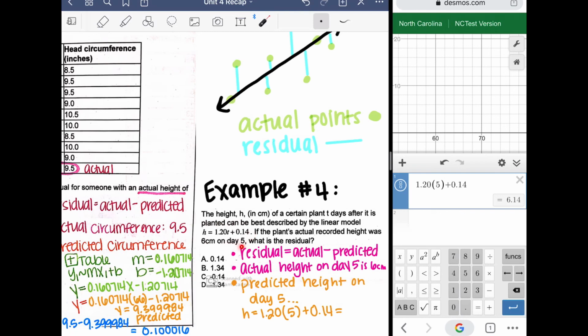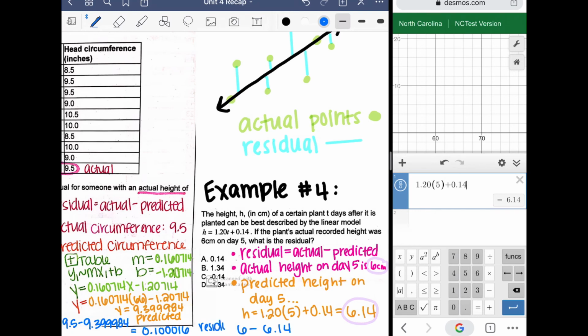So if t is 5, so t is the time in days, what would the height be? So in Desmos, I'm going to substitute in 1.20 times 5 plus 0.14, and that is equal to 6.14. Now we just have to subtract the actual, which was 6, minus the predicted, which is 6.14.